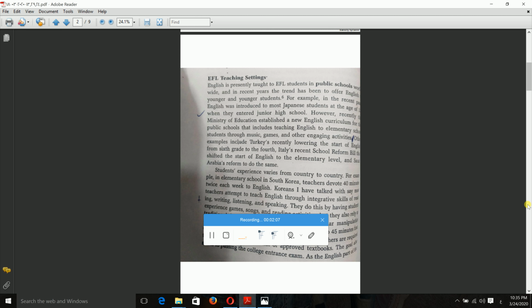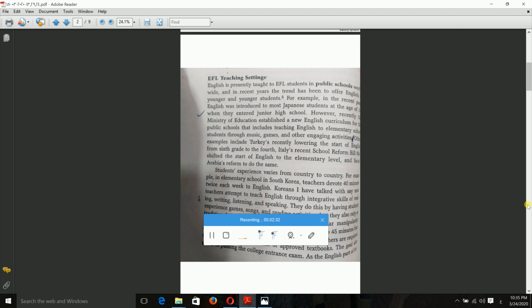English is presently taught to EFL students in public schools worldwide. As I told you, in recent years the trend has been to offer English to younger and younger students. For example, in the recent past, English was introduced to most Japanese students at the age of 13 when they entered junior high school.